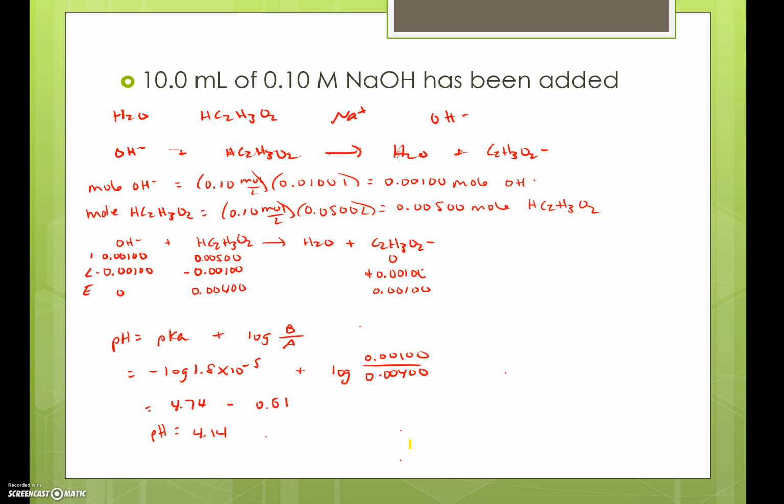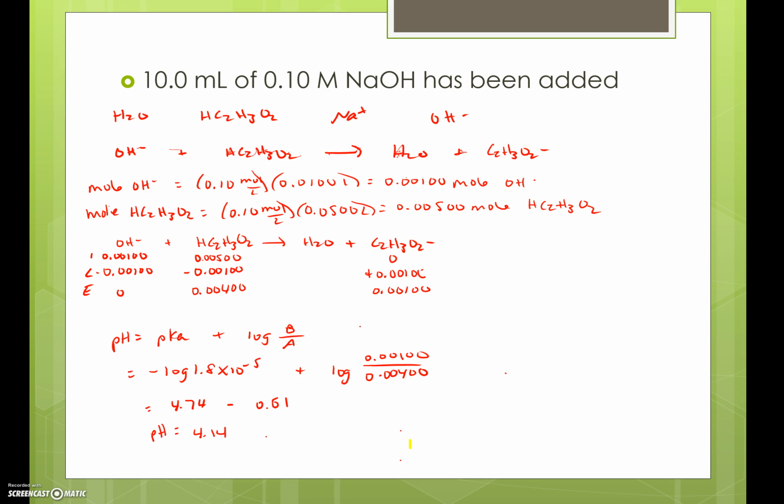So we've got water, acetic acid, sodium ions, and hydroxide ions in our solution. And remember that whenever we have a strong acid or a strong base in a solution, it's going to react. So in this case, our strong base hydroxide is going to react with the acid in the solution, which in this case is the acetic acid. It's going to react to completion to produce water and acetate ions.